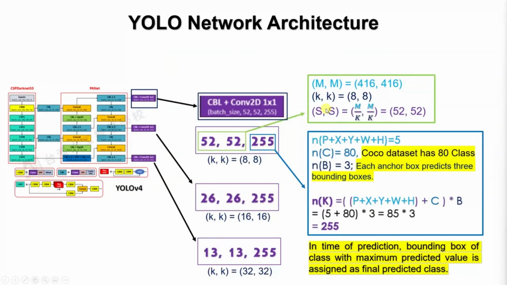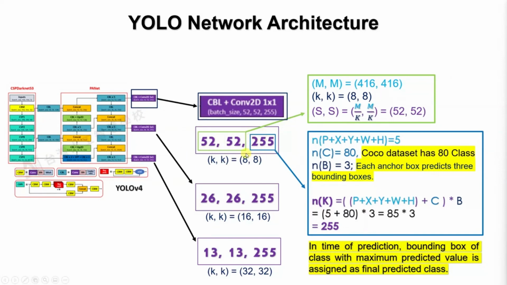The same thing happened here. Our input image was 416 by 416. We used a kernel of 8 by 8, so m divided by k is literally 52 by 52. That's why it looks like 52 by 52.